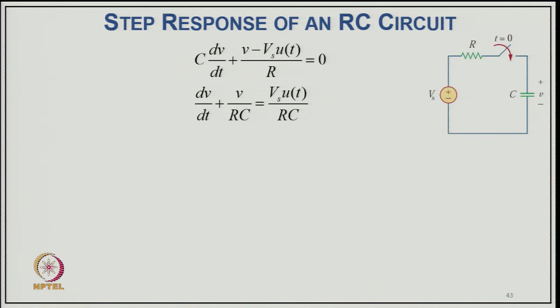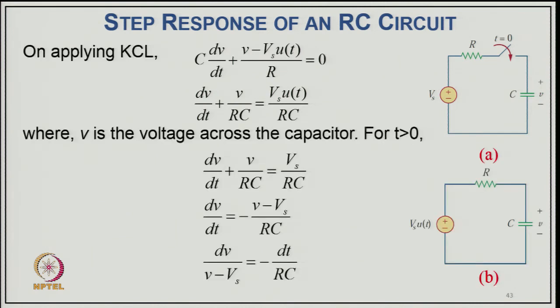So, this will be the equation of this circuit, the current flowing into the node. This can be further expressed as dV upon dt plus V upon RC equal to Vs u(t) upon RC, where V is the voltage across the capacitor for t greater than 0.